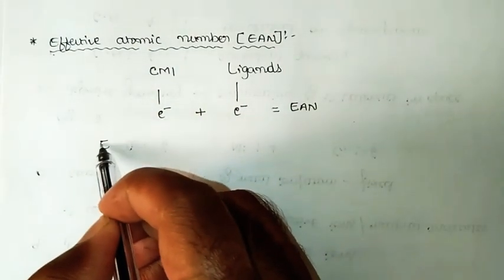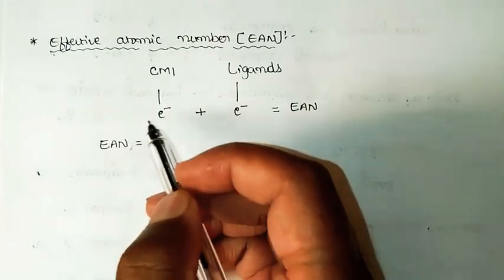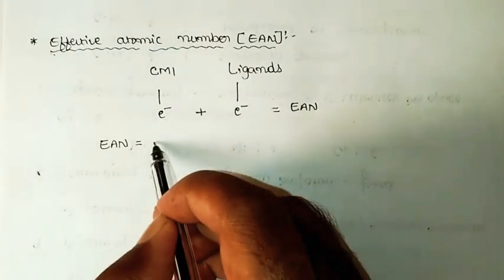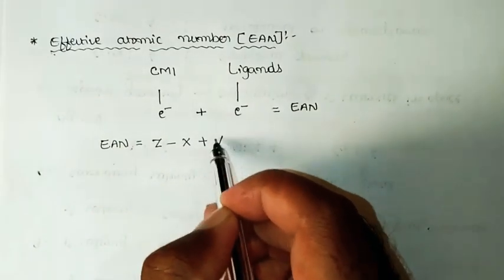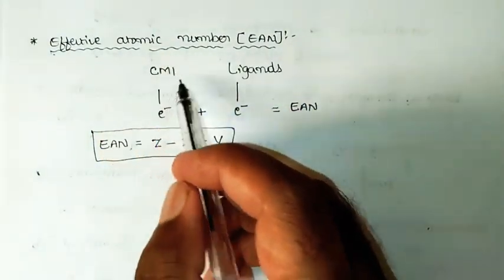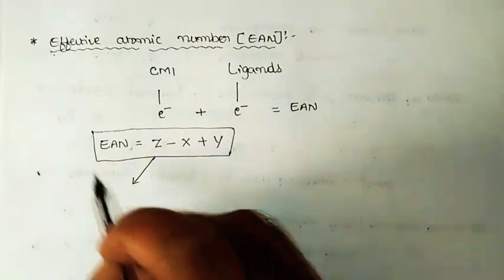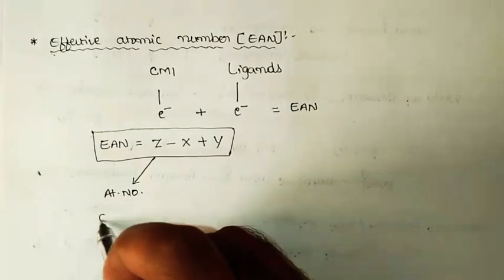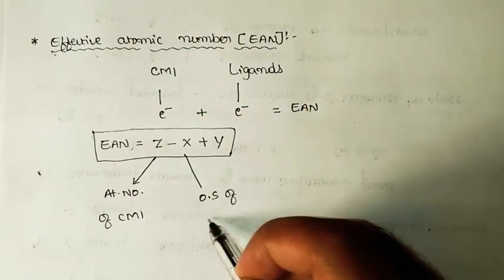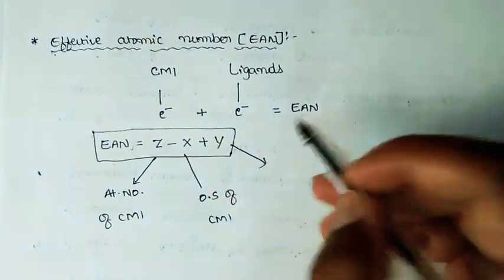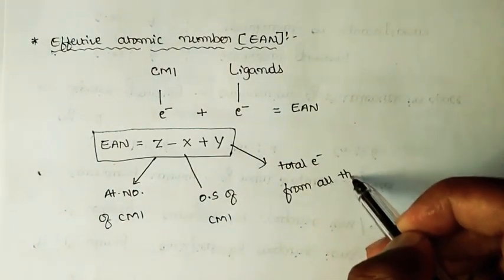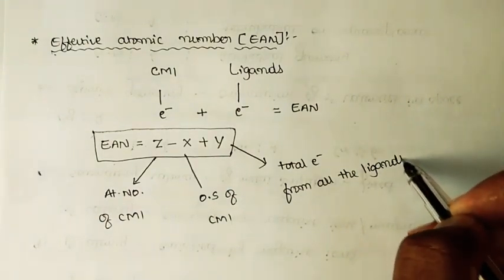In order to calculate the effective atomic number of the given coordination complex, we can use a very simple mathematical formula, that is EAN is equal to Z minus X plus Y. Here Z is the atomic number of the central metal ion, X is the oxidation state of the central metal ion, and Y is the total number of electrons donated from all the ligands surrounding the central metal ion.